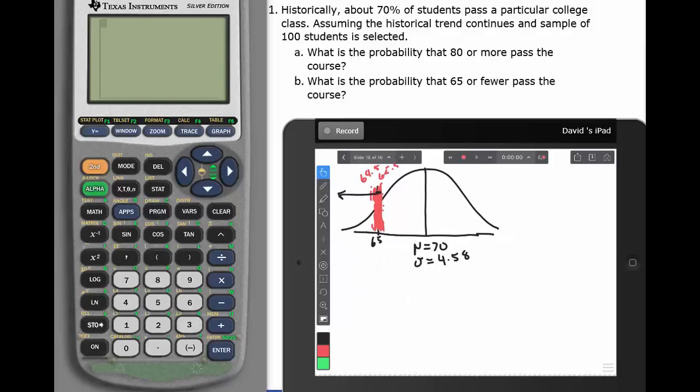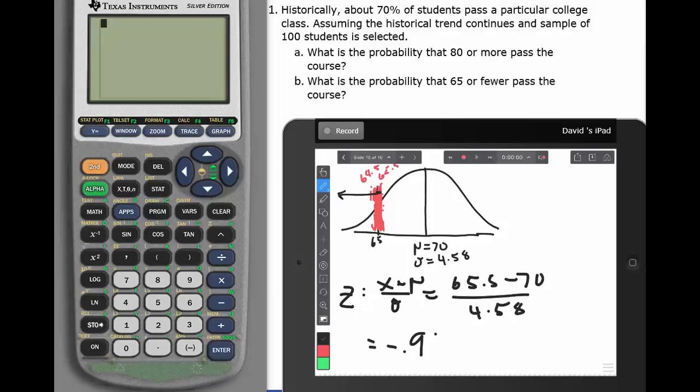So our z, x minus mu over sigma, is equal to 65.5 minus 70 over 4.58. And that's equal to minus 0.98. And if you look on the z table, you might want to pause and do that and make sure you can do it.